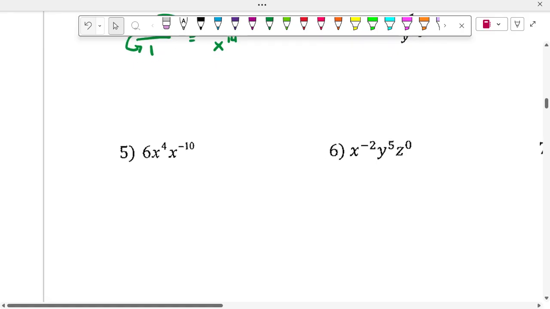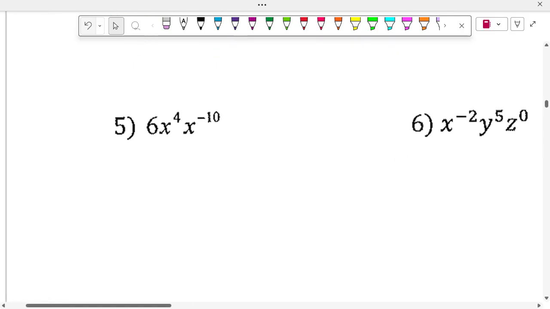So now, number 5. This is another one of those cases where it doesn't matter which rule you do first. So potentially, which rules could I do first? You could do the product rule, or we could do the what? The negative rule.